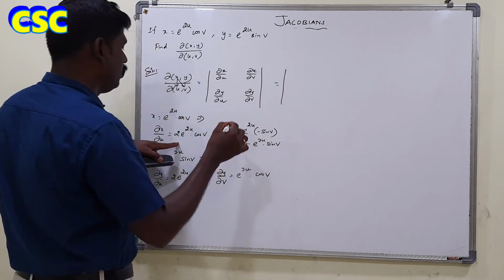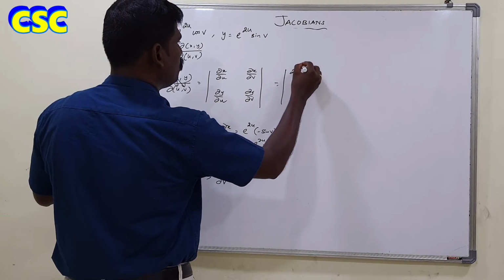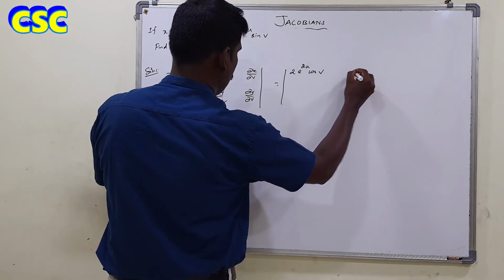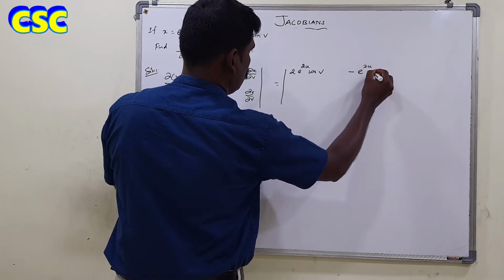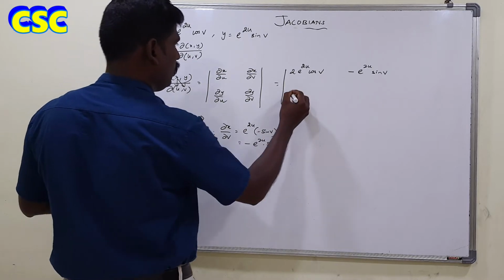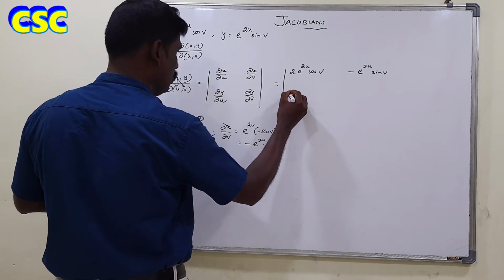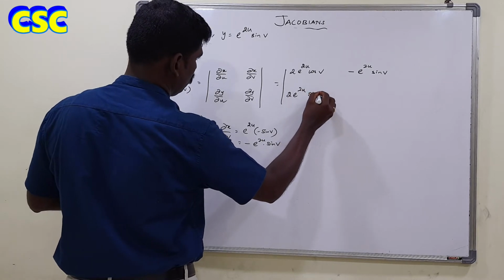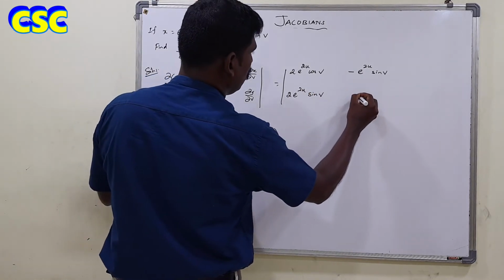What is dou x by dou u? 2 into e power 2u cos v. Here, this is minus e power 2u sin v. Then here, what is dou y by dou u? 2 into e power 2u sin v. Here, e power 2u cos v.